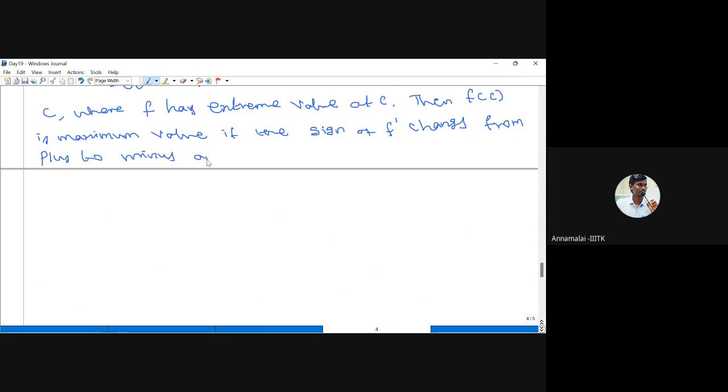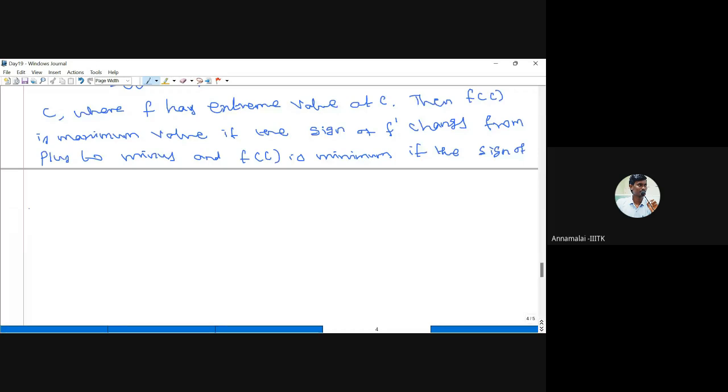And when we say f of c is minimum, if the sign of f dash does not exist, or if that exists, then it vanishes throughout.